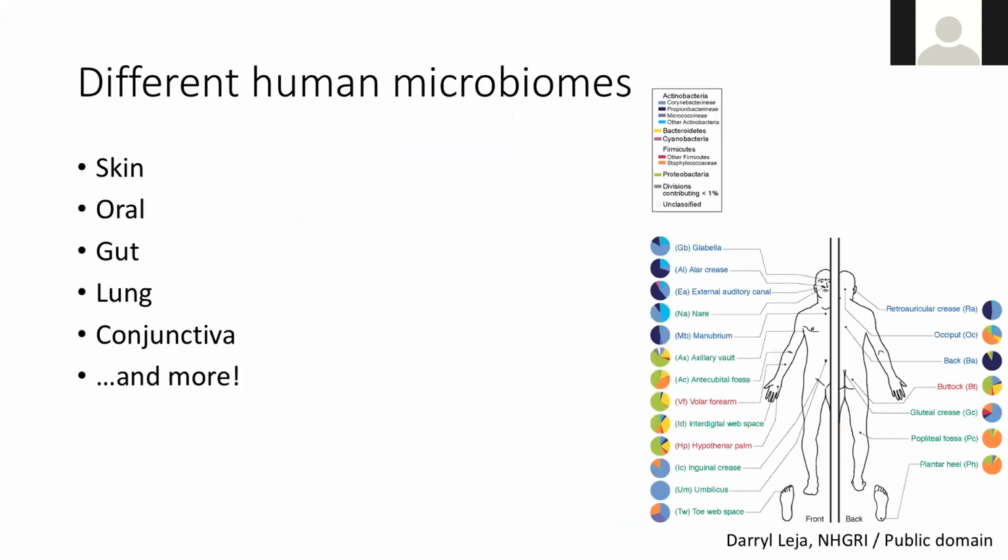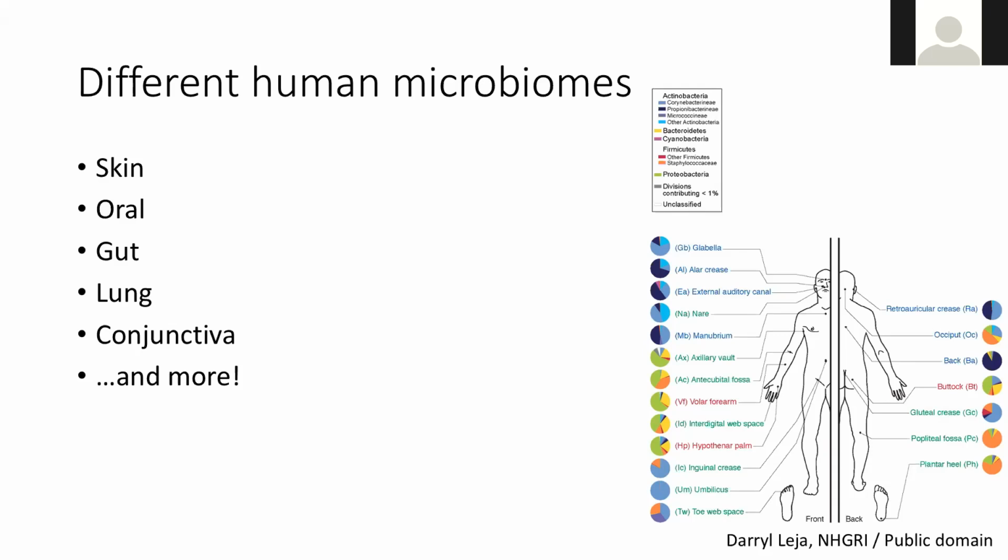So if you just took a look at a human being, and we have on the right here a representative diagram of an individual looked at from the front and from the back, there are many different skin microbiomes, and you can see from the legend the different kinds of bacteria. So we have actinobacteria, Bacteroides, Firmicutes, Proteobacteria, all sorts of different things. And you can see from the pie charts for each of the areas where the human microbiomes have been characterized.